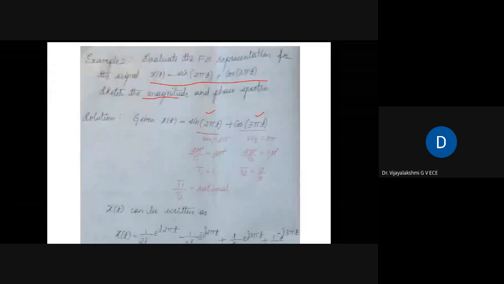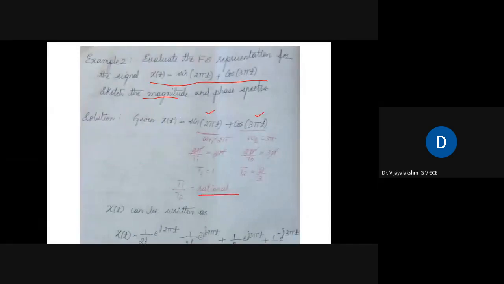Next, for the second signal, omega naught 2 is equal to 3 pi, which is 2 pi by T2. Pi will get cancelled, so you have T2 equal to 2 by 3. Now take the ratio of T1 and T2. You are getting 1 divided by 2 by 3. So it is a rational quantity.